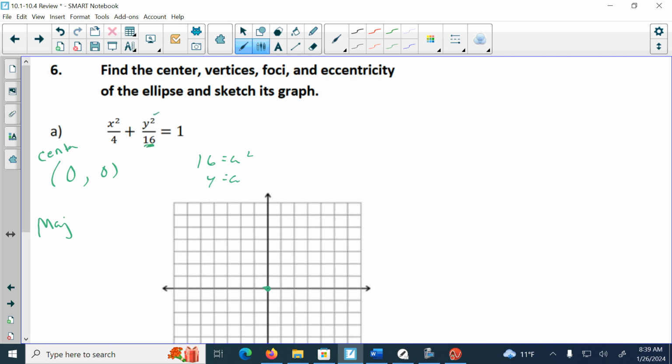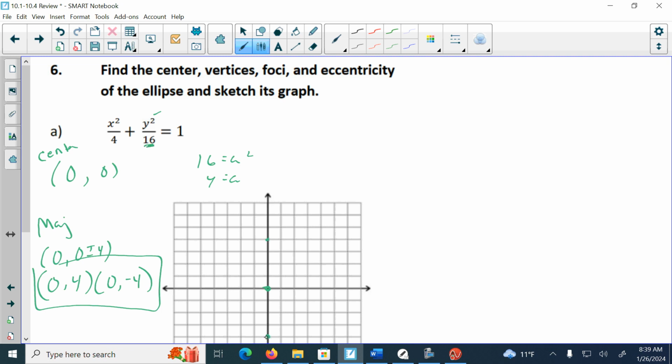That goes with the y coordinate, so 0 plus or minus 4. This is 0, 4 and 0, negative 4. Those are my major vertices.